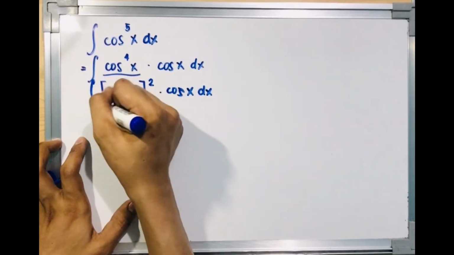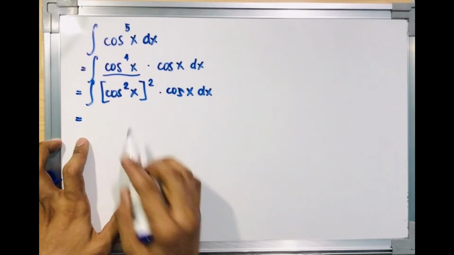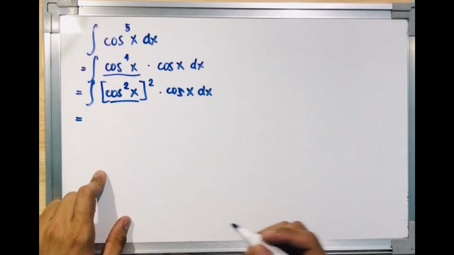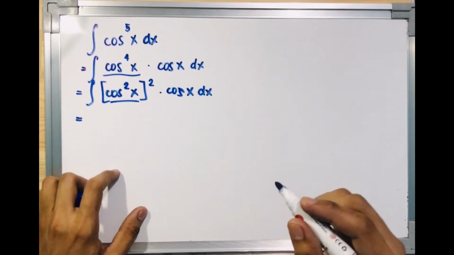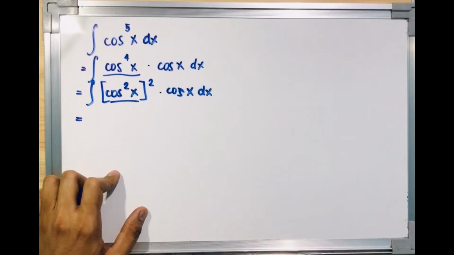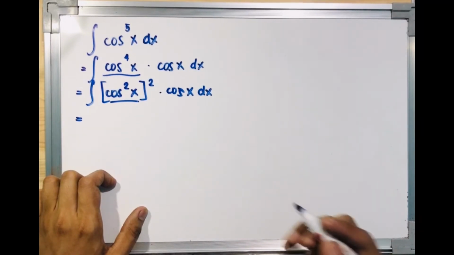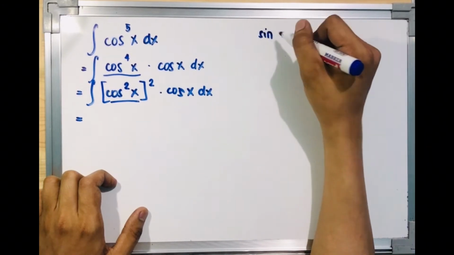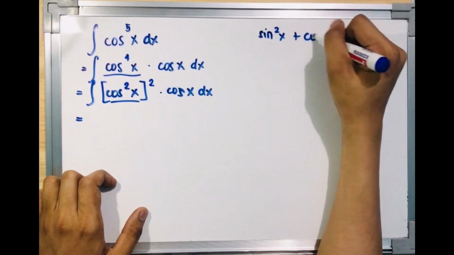Don't forget the integral sign. And then, ano nga ba to? Bakit natin ginawang ganyan? Kasi meron tayong identity na gagamitin, which is yung cosine squared of x. Kasi wala tayong cosine raised to the 4x, di ba? So, kailangan natin mag-isip para i-rewrite siya into something which is useful. So, I'll write down again yung sine squared of x plus cosine squared of x.